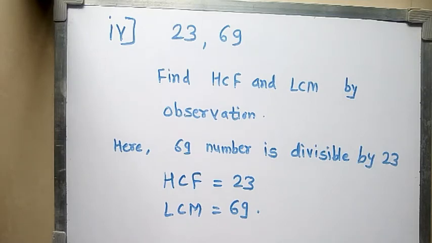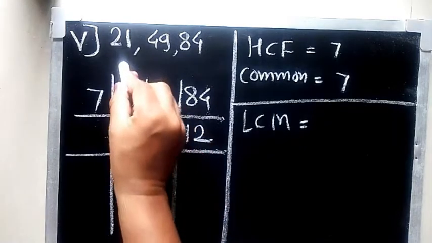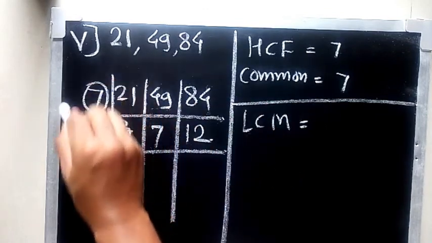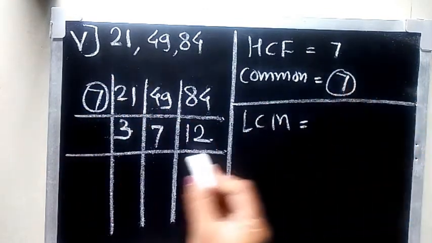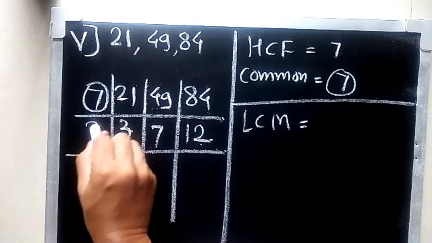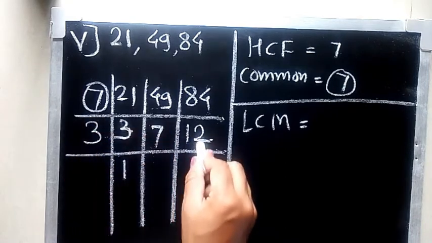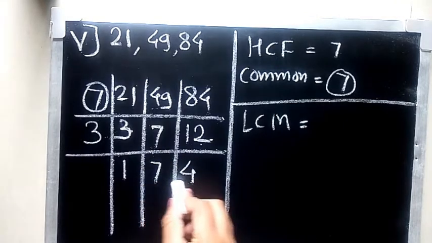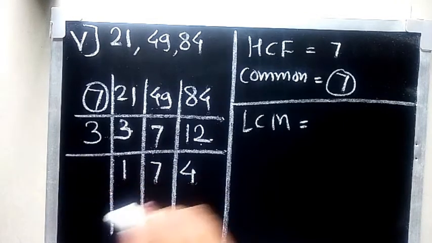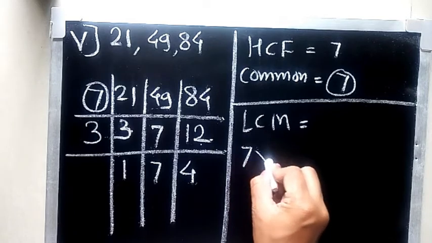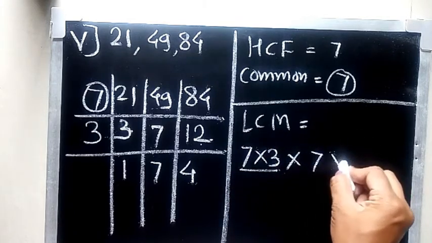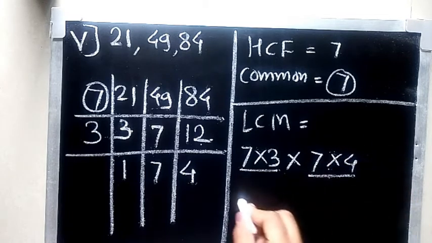Next example is 21, 49, 84. These three numbers are divisible by 7. I divided by 7. 7 is the common factor, so the HCF is 7. Then I divided these three numbers by 3, and the remainders are 7 and 4. 7 and 4 are one prime number and one composite number. I stop the division.